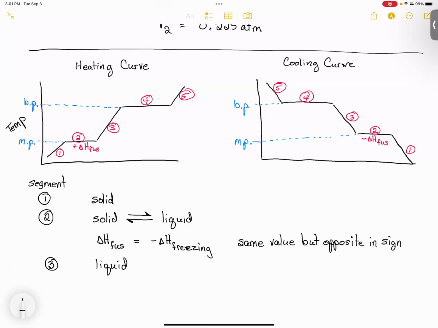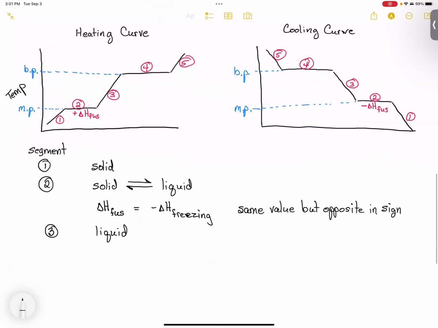But it's still liquid throughout that time frame. And then we get to stage 4, or line segment 4. At line segment 4, you have a liquid that is in equilibrium with the gas.